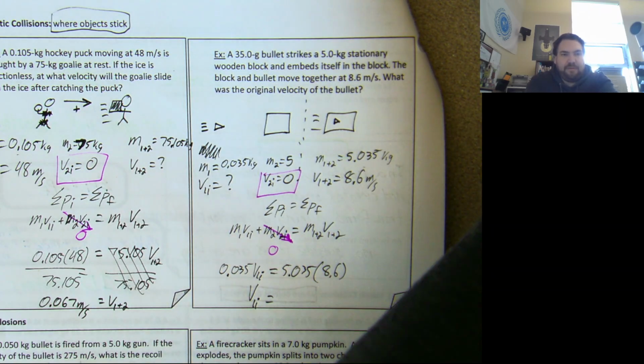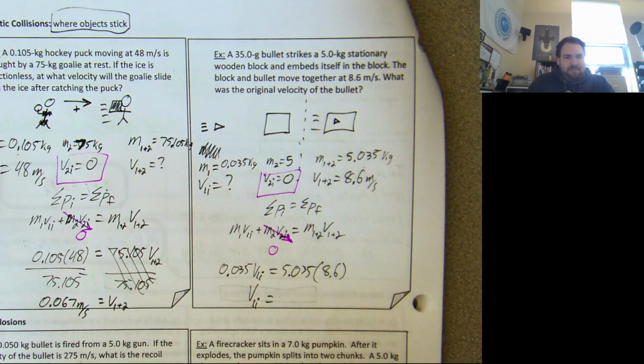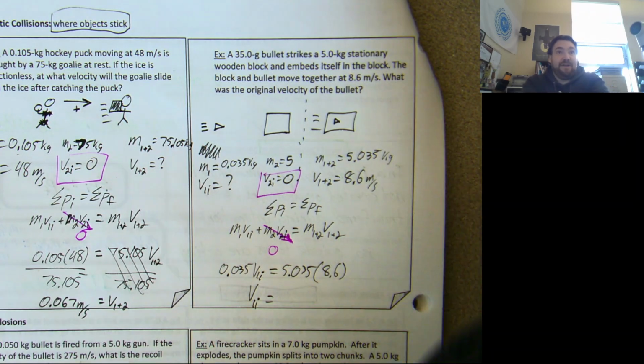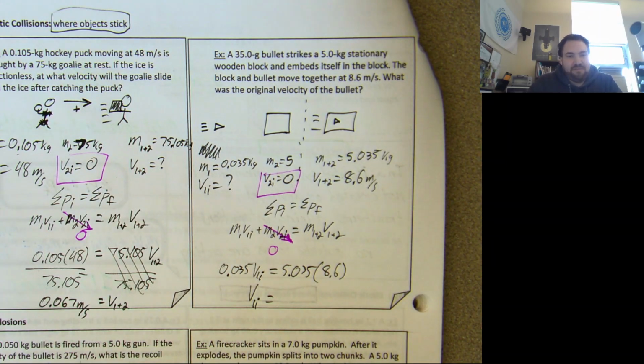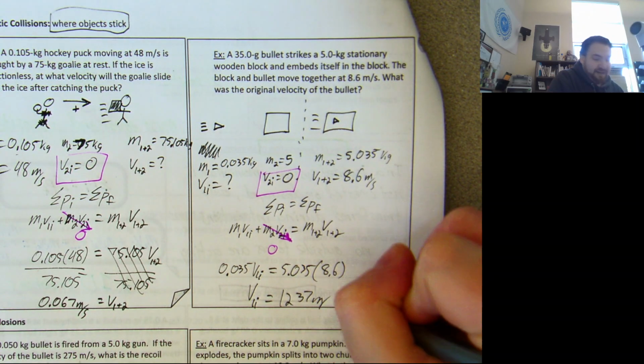Anybody? Do you have a number? How fast does that thing have to move? 1,237 meters per second.